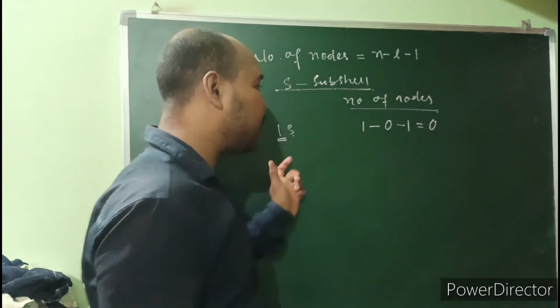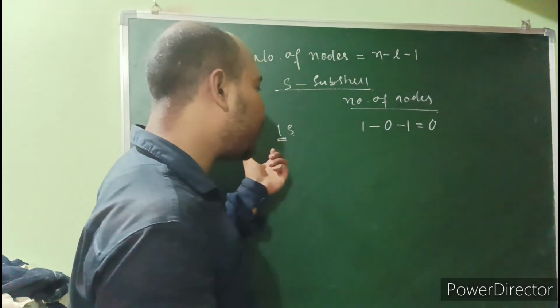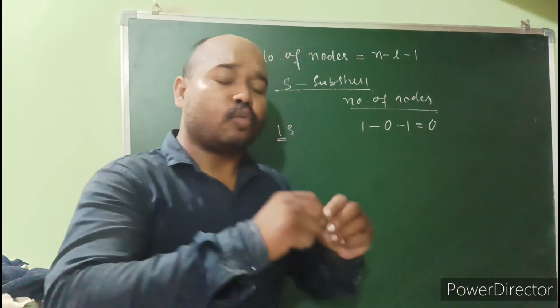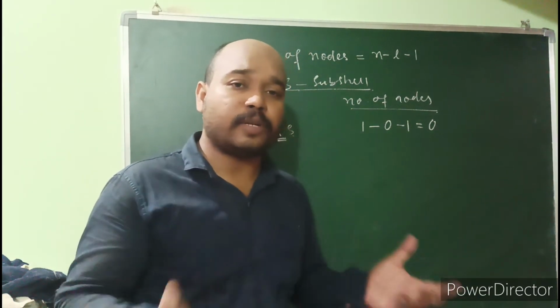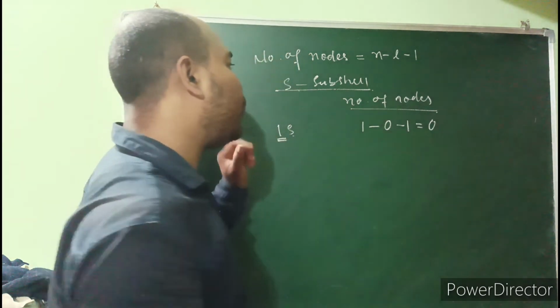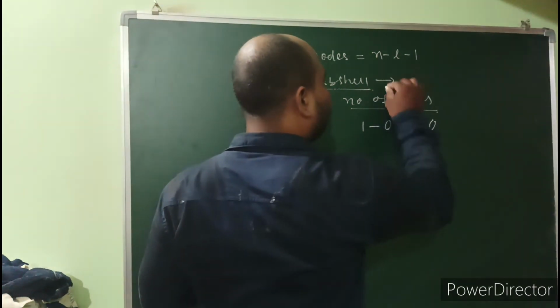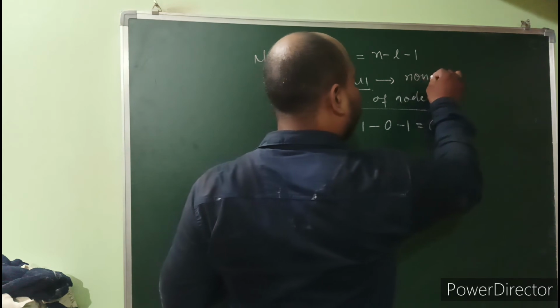And we know that S is spherical and it has no nodes, meaning throughout the 1s orbital all the electrons are uniformly spread, so it is non-directional. Always remember, the S subshell is non-directional.